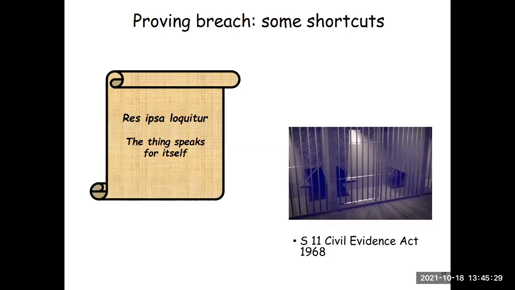And that makes your job easier, because you don't have to bring evidence and call witnesses, etc., because that has all been done for you already in the criminal court. Now, why can you do this? You can do this because in the criminal court, it would have been done beyond reasonable doubt. So it's without any doubt that the defendant did it. And you can take that to the civil court, and the court will take it as proven.